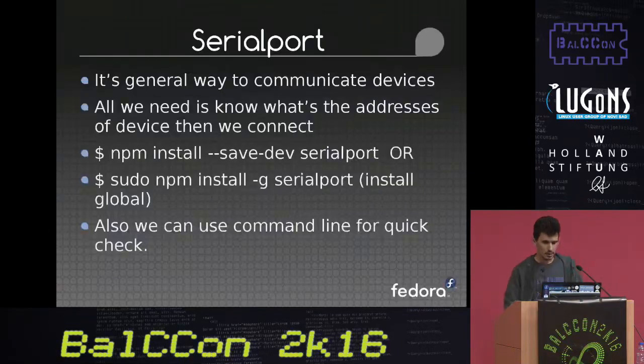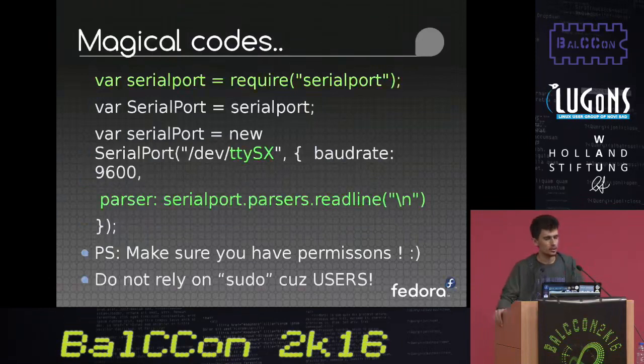Okay. So, how do I control it? It's easy. The magical code is just get the library, call the function, just type your baud rate and your port. If you're on Macintosh, it's the same but different. Linux is this way. If you use Windows, it's COM 0, 1, 2, 3, 4, whatever it is.